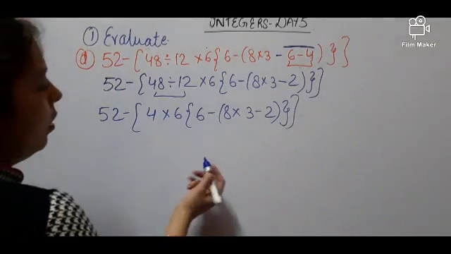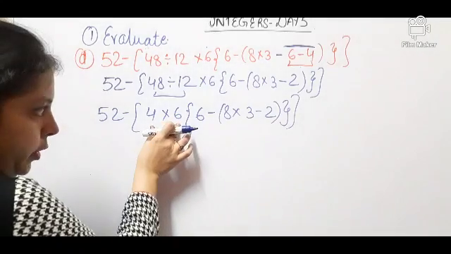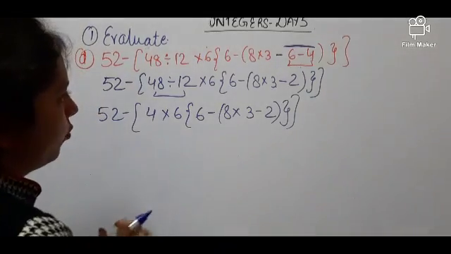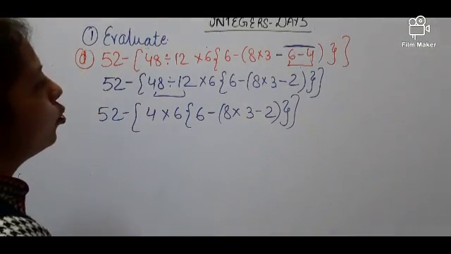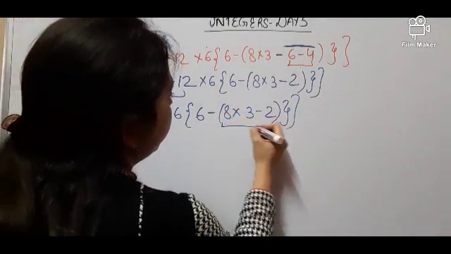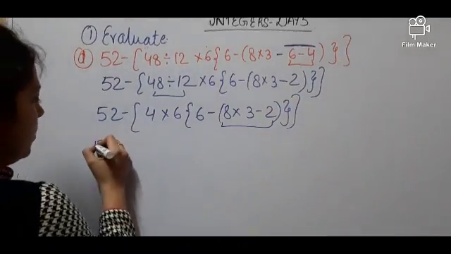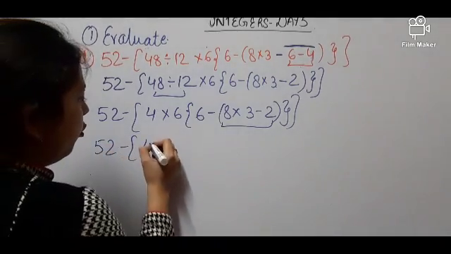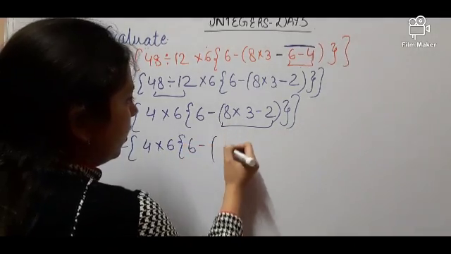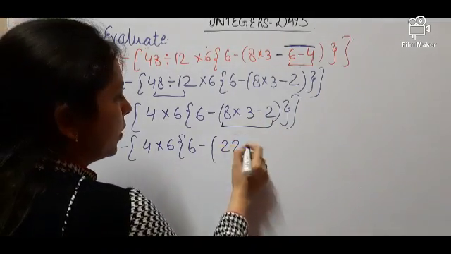Now, we can't do this multiplication yet, because we have brackets in this question. So we will solve these brackets first. 4 times 6 minus 8 times 3: 24, and 24 minus 2 is 22.